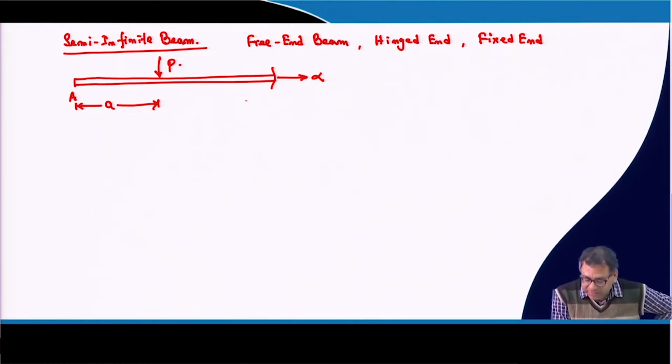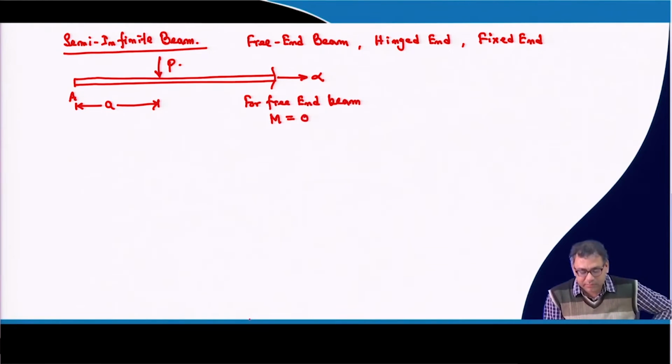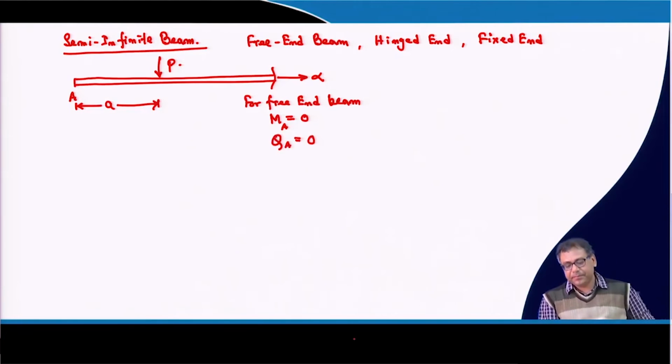Now, for a free end beam, the bending moment at A will be 0, and the shear force at A will also be 0, because one end is free. So, this is the boundary condition, that M_A is equal to 0, Q_A is equal to 0.